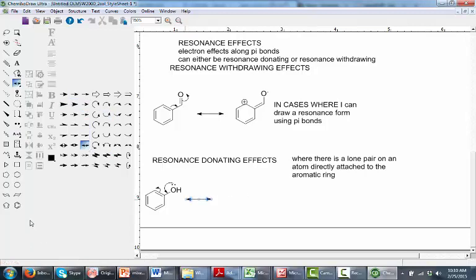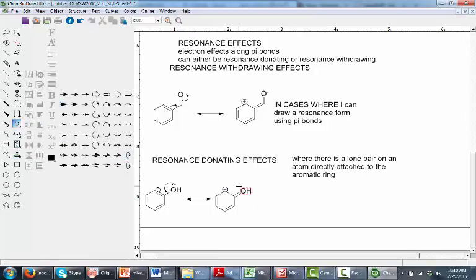So that's what I'm going to try to show here, where now using pi bonding of this molecule, I can draw resonance forms with electron density, in this case a full negative charge, in the aromatic ring structure.